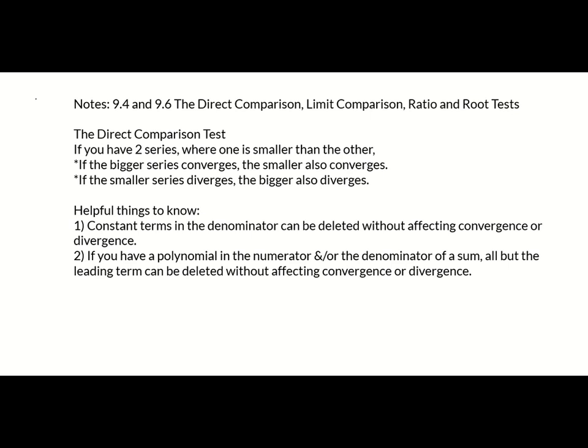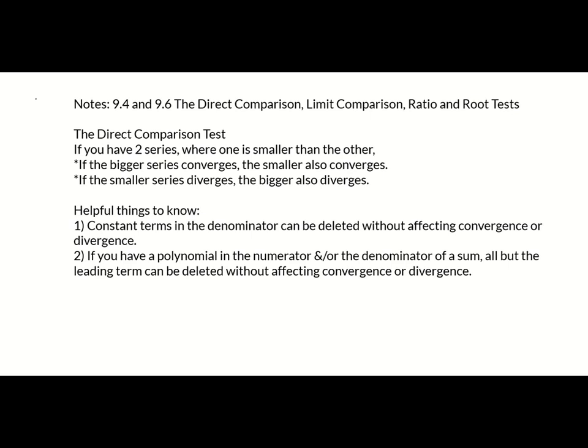But if you have identified one that is smaller than the other, there are two things that would be true. If the bigger series converges, the smaller series must also converge. And if the smaller series diverges, the bigger will also diverge. If you have the other scenarios where the bigger series diverges or the smaller one is converging, this test is completely useless to you.